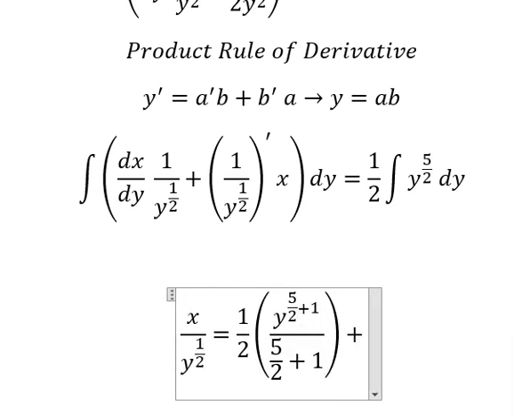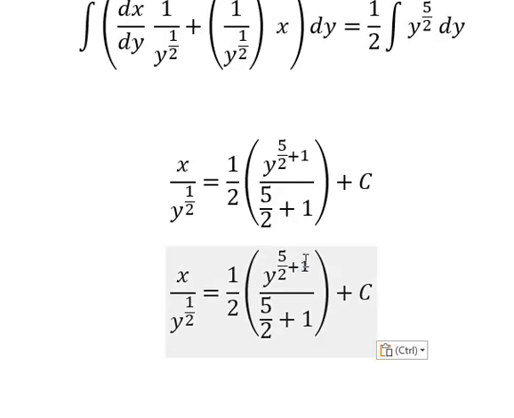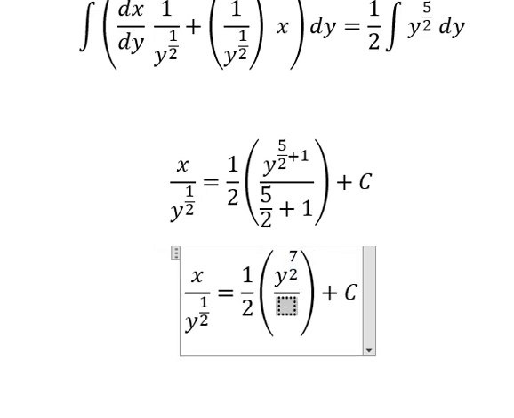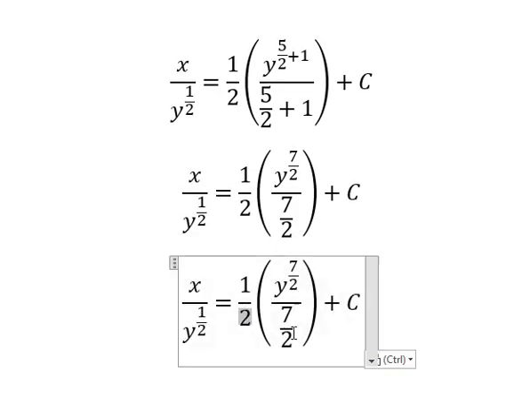And then I will put c. So this one, we have 7 over 2. This one, we have 7 over 2. And now we need to simplify number 2 here and here. So we have number 7.